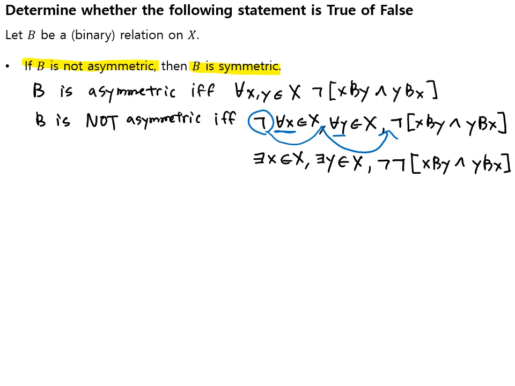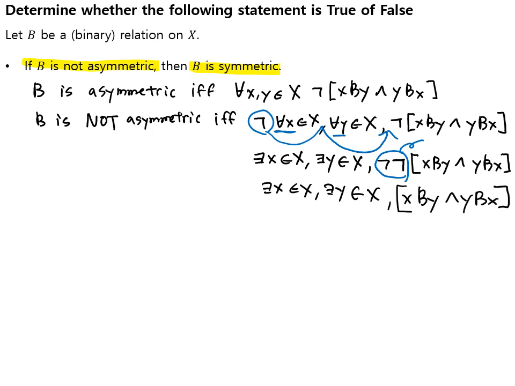And we can cancel out the double negation. So the final statement will mean there exists an x and there exists a y in X such that x and y are related in both directions.